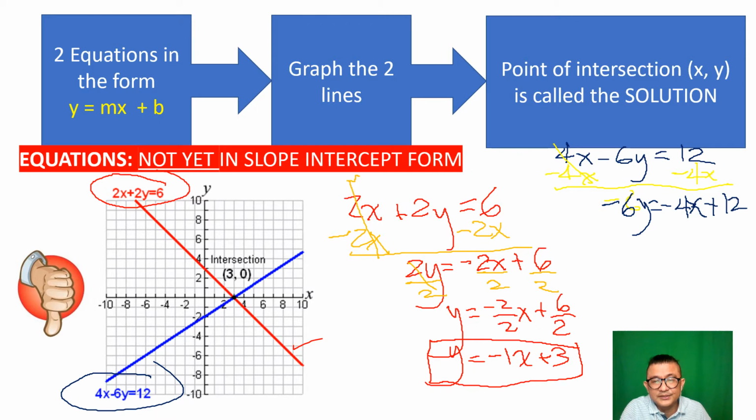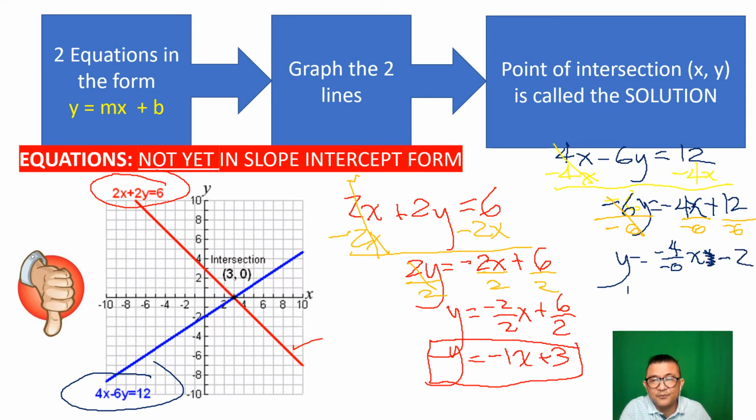Okay, so what's next? Divide by negative 6 on all terms. Cancels out. Y is finally alone. Y is equal to negative 4 over negative 6x, plus or minus, divide positive and negative, minus 2.